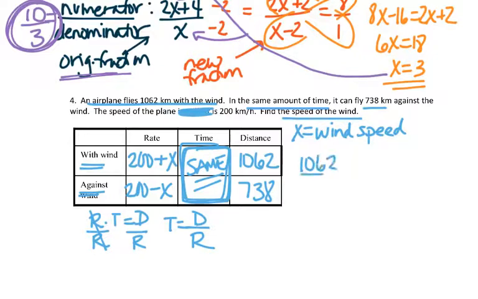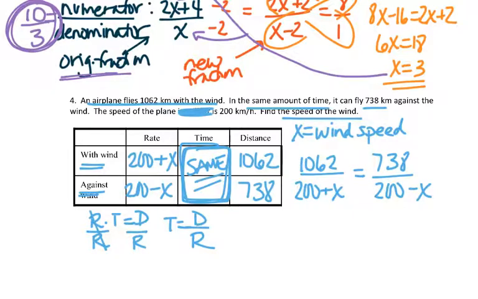So I can say the time with the wind, 1062 over 200 plus x, is equal to the time against the wind, 738 over 200 minus x, with time being distance divided by rate. And then how do we solve this? A fraction equals another fraction? Right, cross multiply.